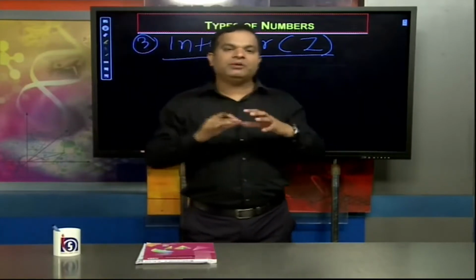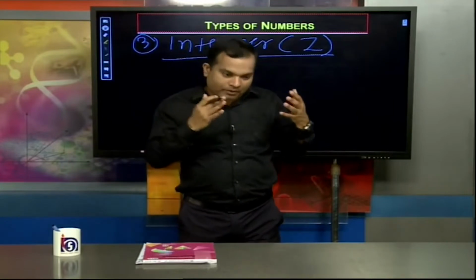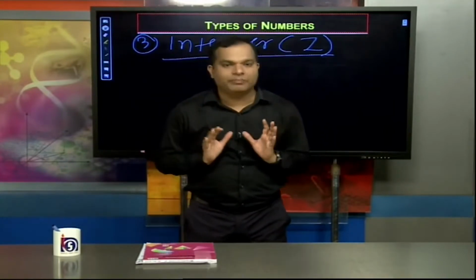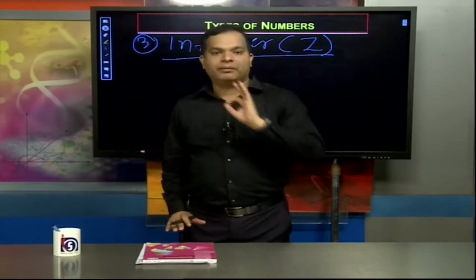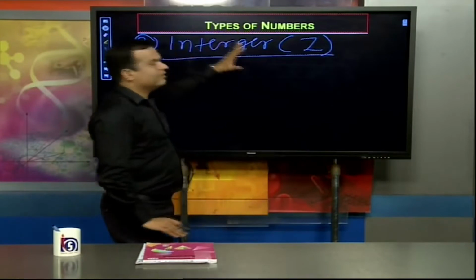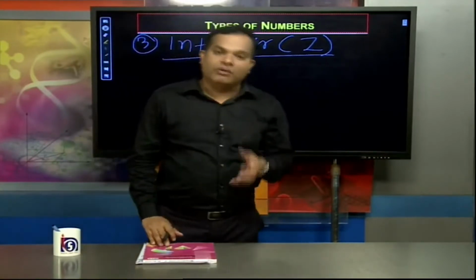The number system is one family. You know that in a family we have different members like our brother, sister, mother, father. Similarly, the number system itself is a family. Natural numbers are one family member, whole numbers are another family member, and similarly integers are another family member in the number system.